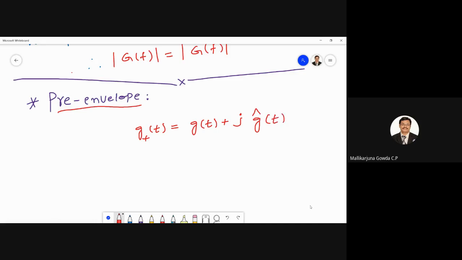So this is the definition of the pre-envelope of the signal g(t) for positive frequencies of the signal, which is why I am indicating it with the plus sign.